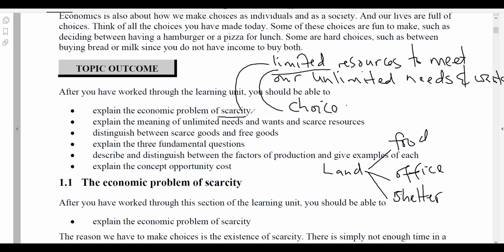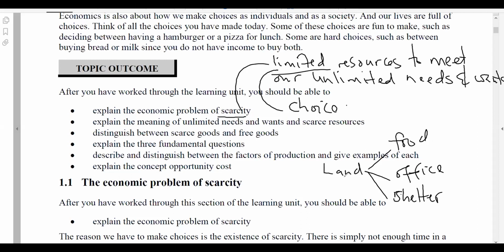So in economics, look at what we're going to start now. You want to satisfy these needs and wants through food, office, and shelter. What we are studying now in economics, we don't just want to make a choice, maybe just use land for food or for office or for shelter.